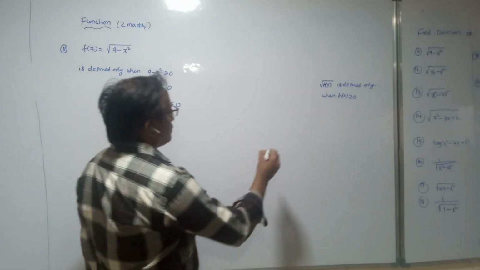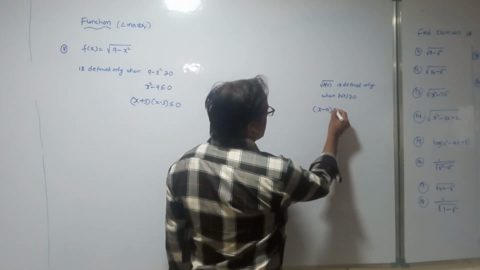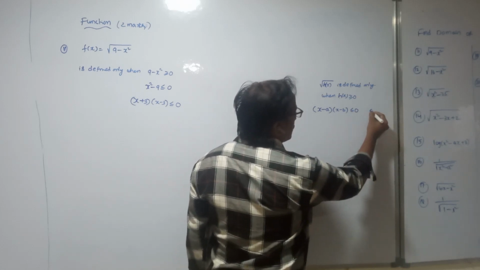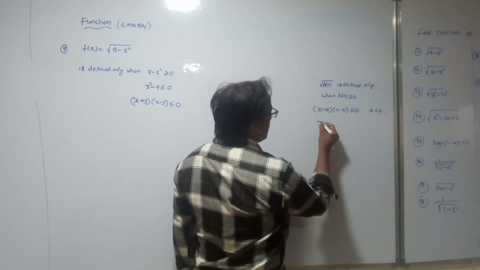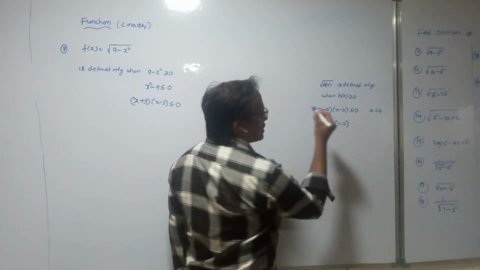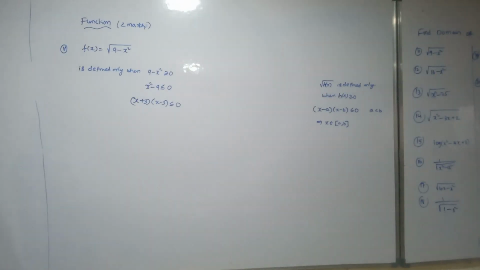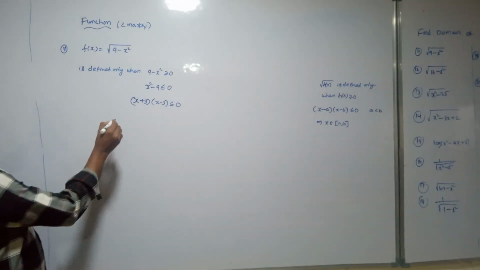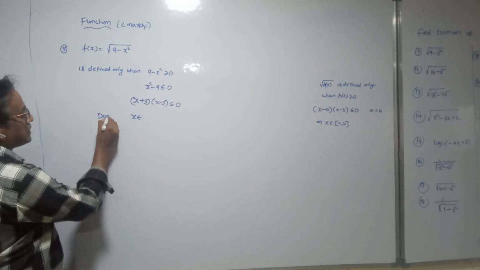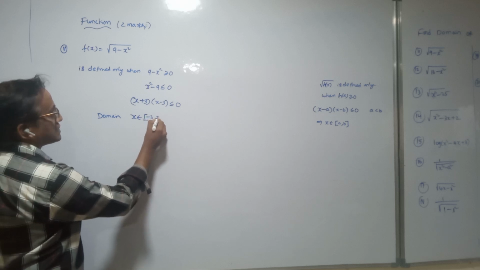Now if you have any expression in this form, x minus a into x minus b less than or equal to 0, where a is less than b, then you have to write x belongs to closed a comma b. That is also the definition. So here x, which is nothing but the domain, belongs to closed minus 3 comma 3.